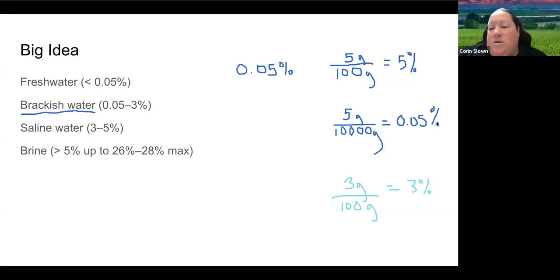Now, you can obviously do the interconversion to get to moles or parts per million, parts per billion, parts per trillion. But one of the things that we're going to do is look at some data about water and make decisions. Well, is it fresh water? Is it brackish water? And interestingly enough, there are very specific regulations on fresh water that you can drink, largely because of safety purposes.